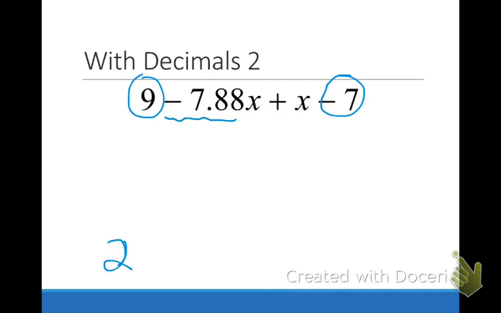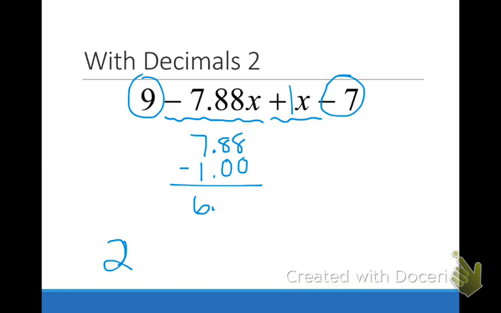Then I see negative 7.88x and positive 1x. So what I'm going to do here is combine these, but because they are different signs, I'm going to subtract 7.88 minus 1. Now I have to be careful with that 1 to add the decimal at the end and make sure I line those up.